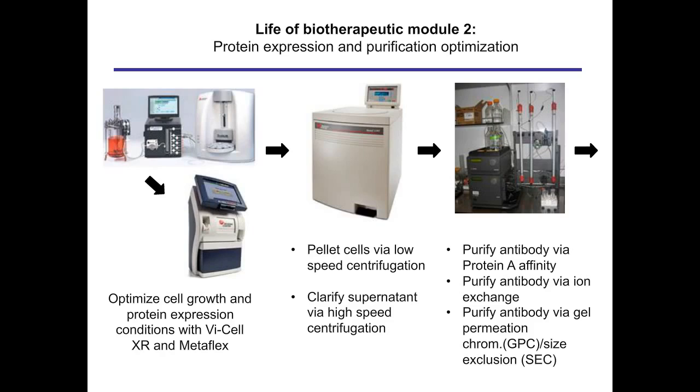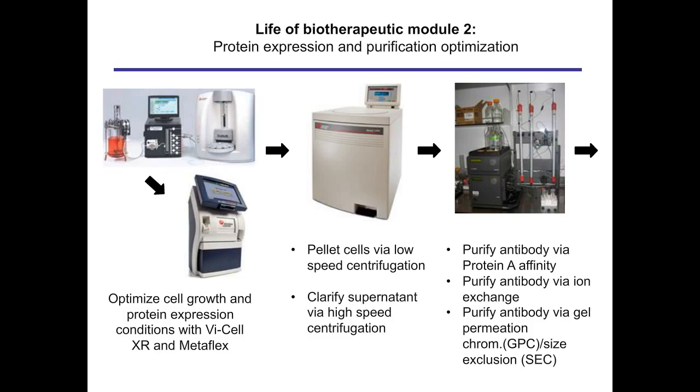As I mentioned, in the beginning phases, in many cases you may pull out several clones of different antibodies or proteins that have been modified in different ways to try to optimize the cell growth conditions. And the ViCell from Beckman Coulter is a way that one can, in relatively high throughput, monitor the viability of cells in an automated way via trypan blue staining.